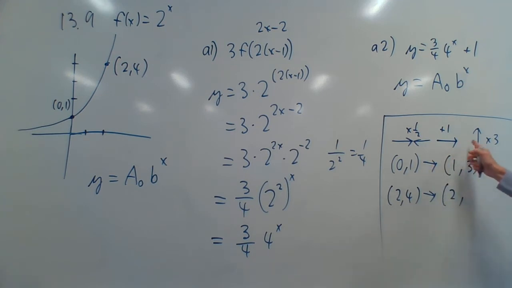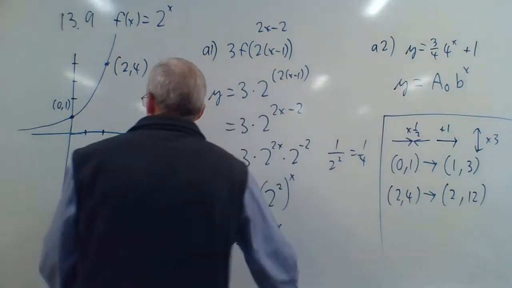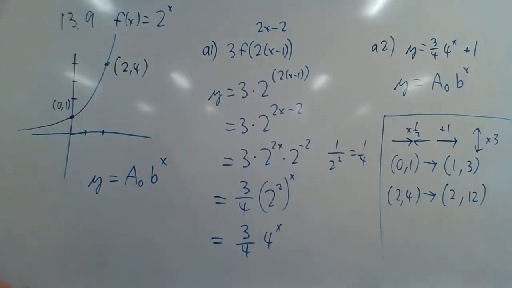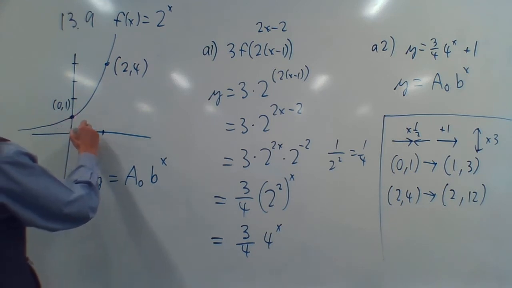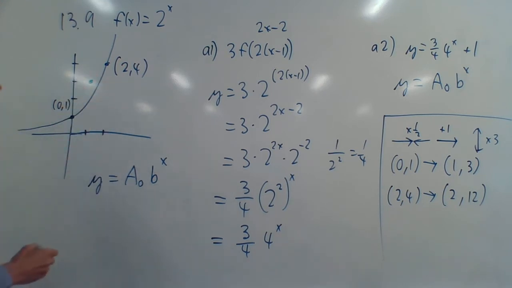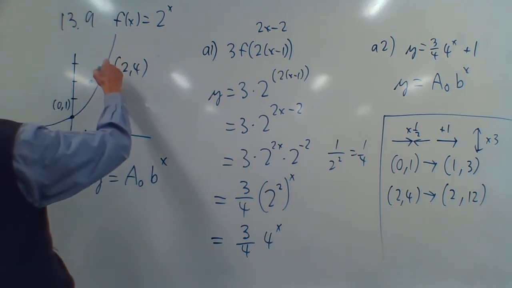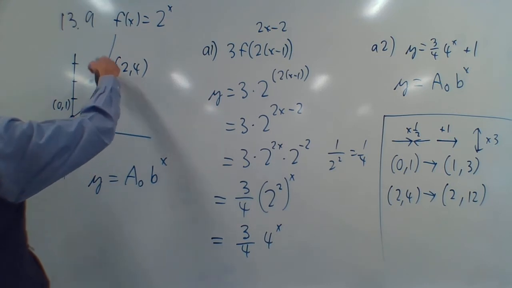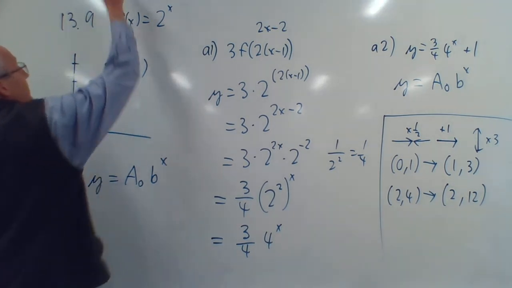And then the y value, we multiply it by 3, becomes 12. Okay, so our new points are 0, 1 becomes 1, 3. And 2, 4 becomes 2, 12. Oh my gosh, 2, 12. This is 4. It's way up there.